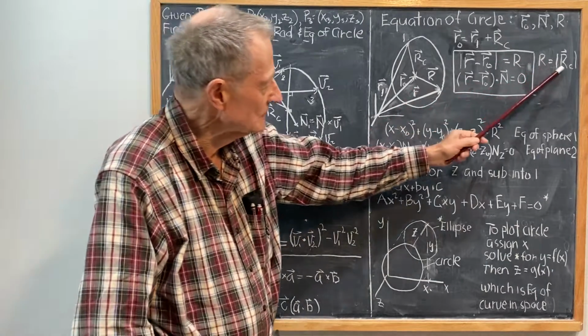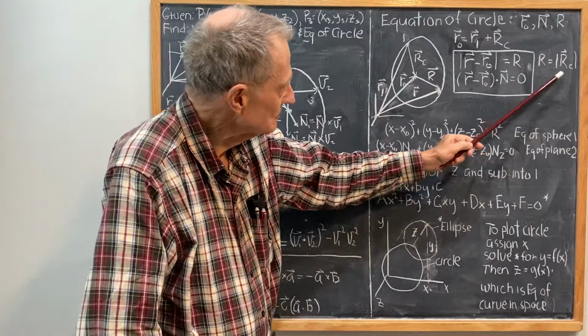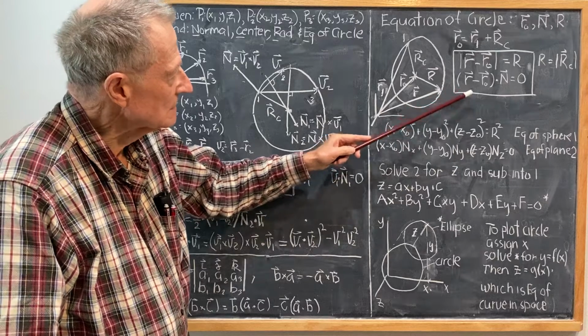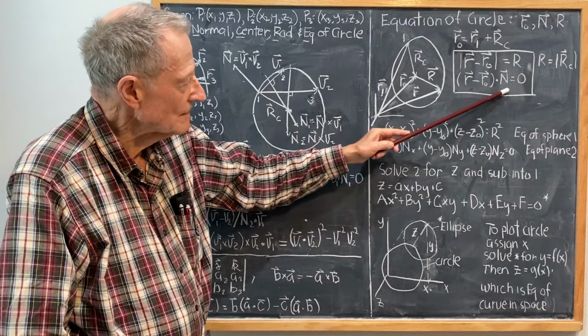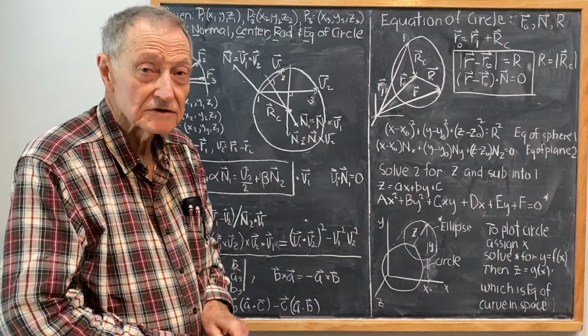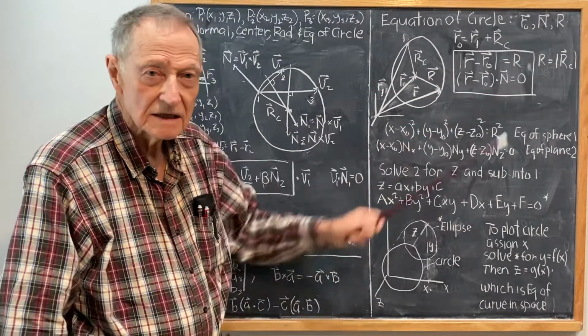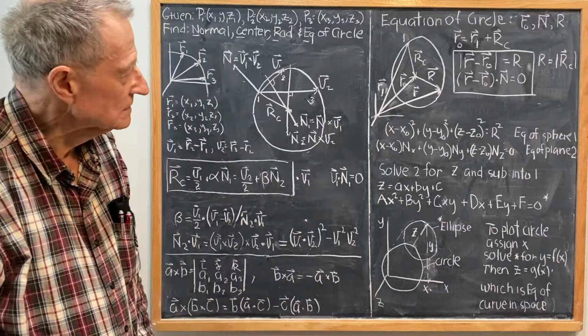R is equal to the absolute value of R sub C. And since N is the normal to the plane of the circle, we also have that R minus R0 dot N is equal to 0.